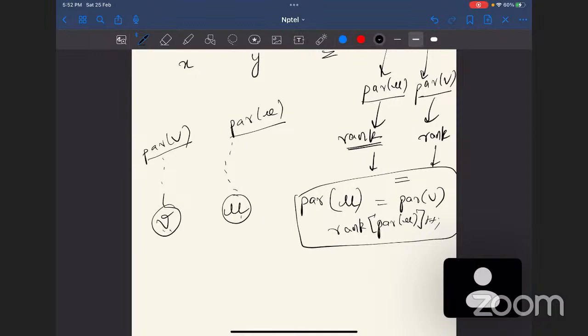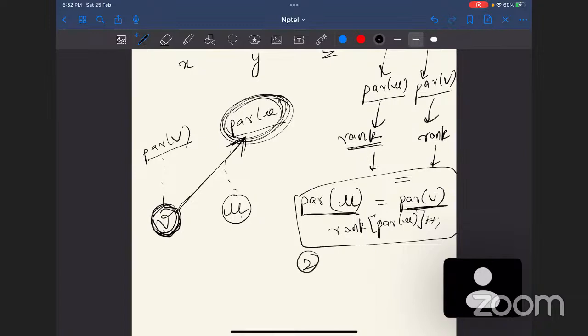So what do we do? We say that now parent of V is parent of U. So we have attached V to this vertex, and we have incremented the rank of this vertex by 1. Okay, so this is how we perform the union operation if the ranks are equal.